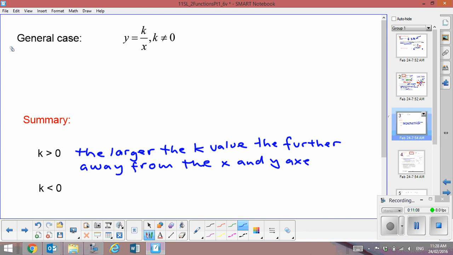We'll talk more about this in chapter 5. If k is less than 0, then the graph is reflected across the x-axis.